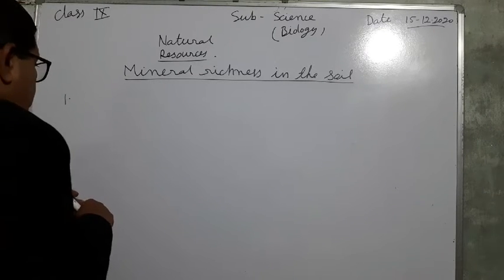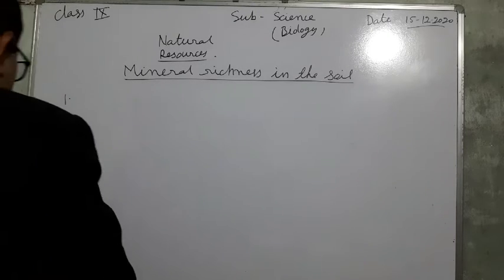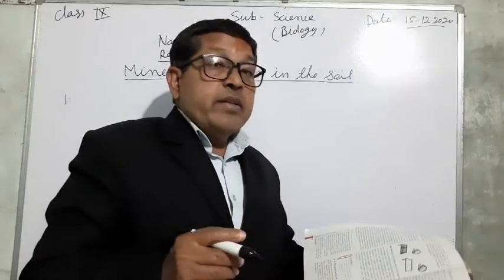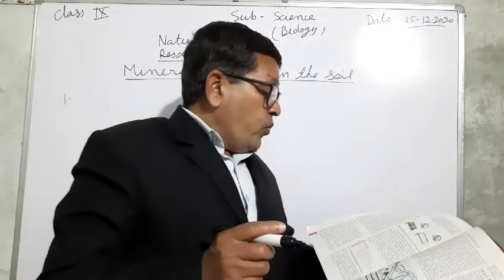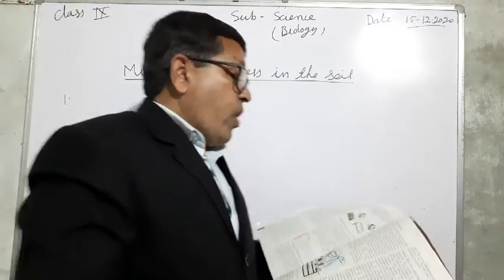What we have to do in this activity is given in your book, activity 14.11. Take two identical trays and fill them with soil.